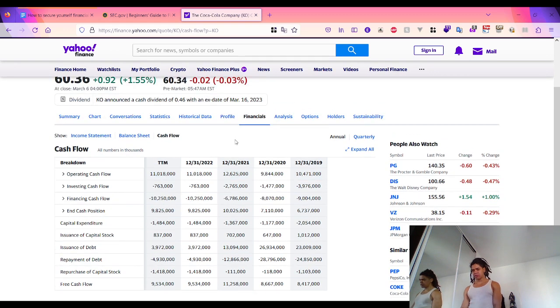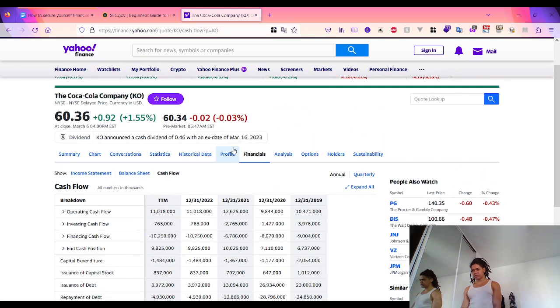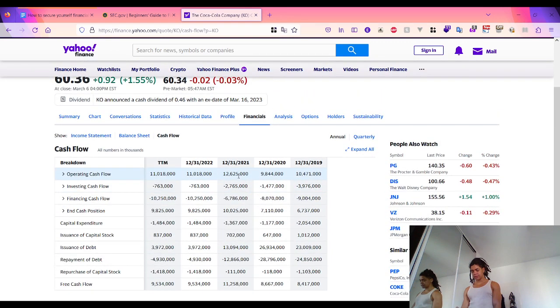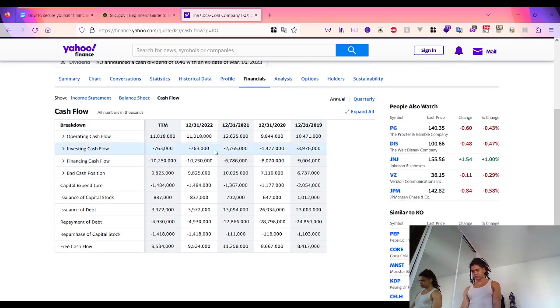For example, Coca-Cola might receive some asset like this. Operating cash flow, investing cash flow, financial cash flow, and end cash position.